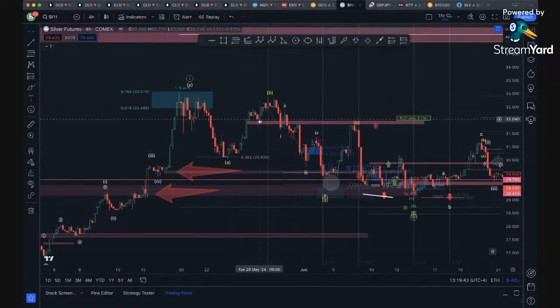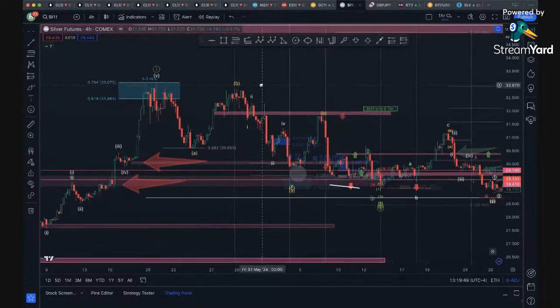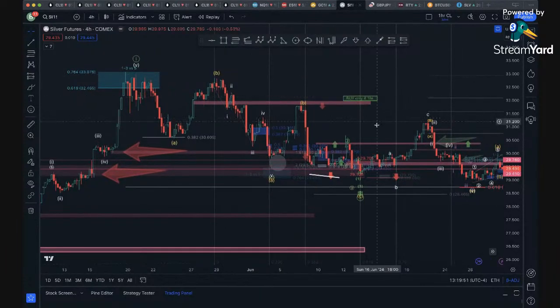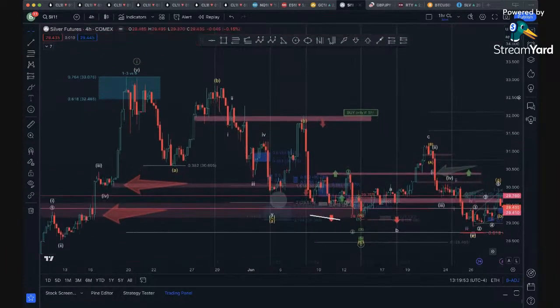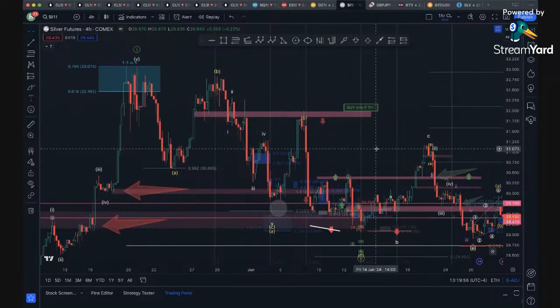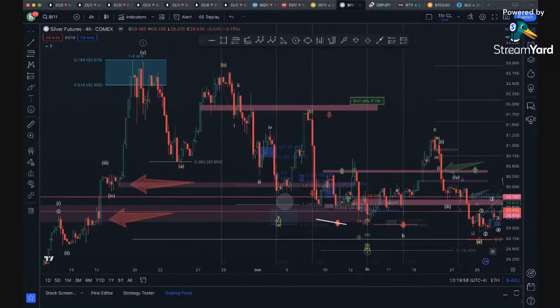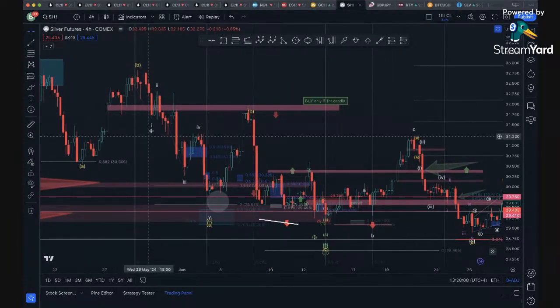Also, given the structure of this, especially up here in this area, it gave me a clue that it may be a B wave. And what comes after a B wave would typically be a C wave, which we know should be a 5-wave structure, which in this case is what we got. 5 waves down, so we call that a C.